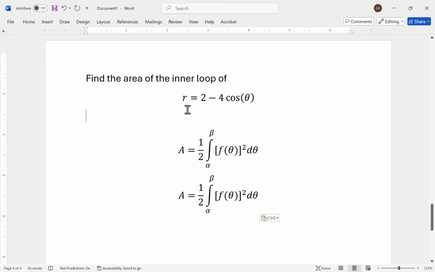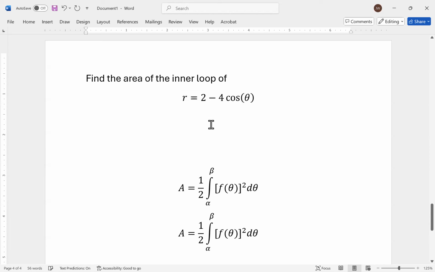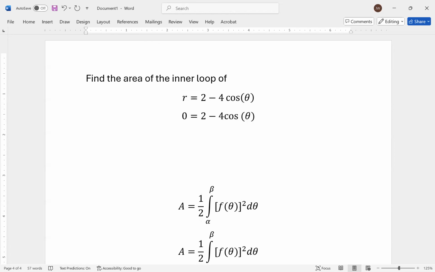Now, that's not the only way we could have done that. We could have also done this algebraically by realizing that the inner loop starts and stops when r is equal to 0. And then I could have solved that equation for theta.